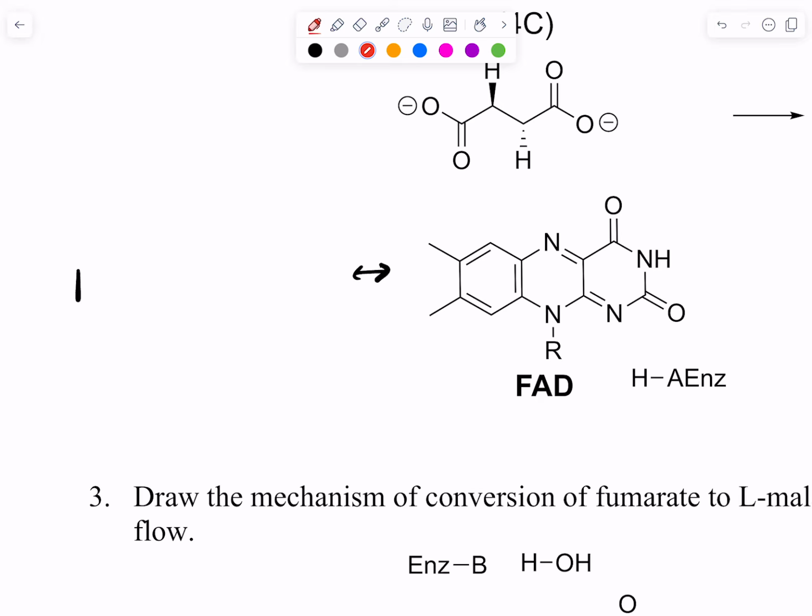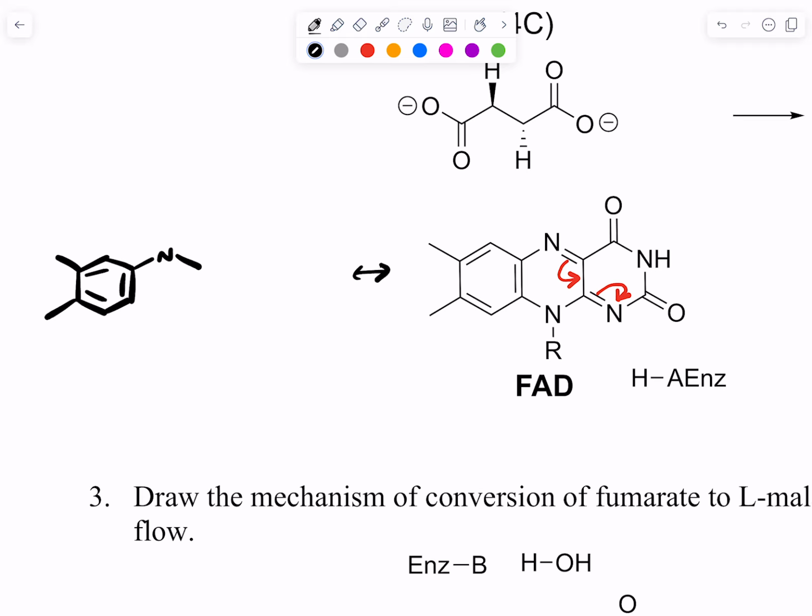So if I take these pi electrons between this nitrogen and this carbon, and I move them over to form a pi bond here, then I would also need to move the electrons from this pi bond over onto this far nitrogen. If I did that, I could draw a resonance structure of FAD that would look like this.